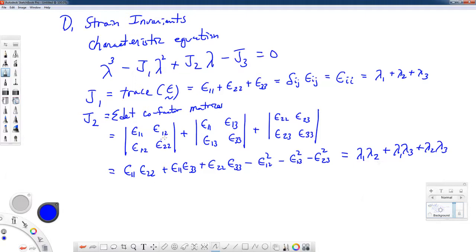That makes sense if these off-diagonal terms are equal to 0. Lastly, the third invariant of the strain tensor is simply determined by finding the determinant of the strain tensor. In terms of principal strains, it's the product of lambda 1, lambda 2, and lambda 3.